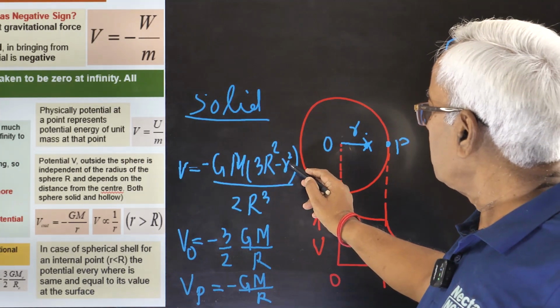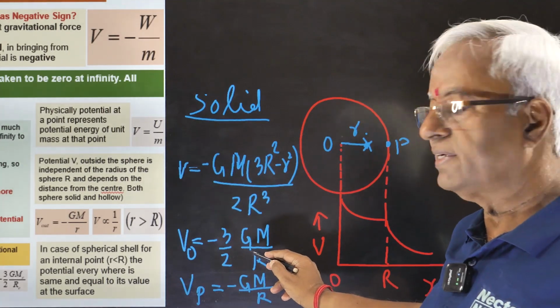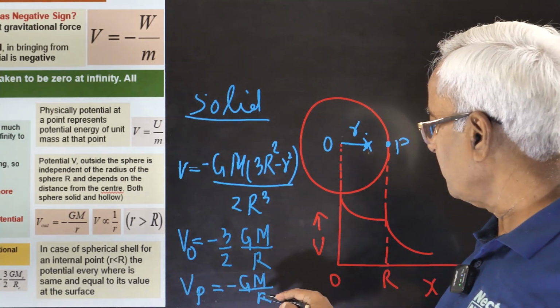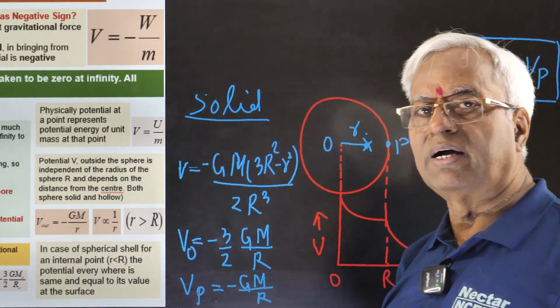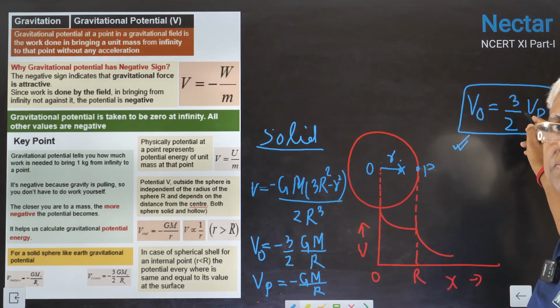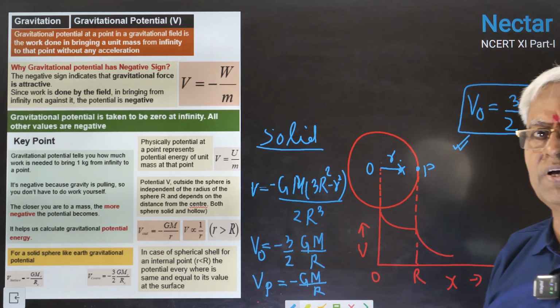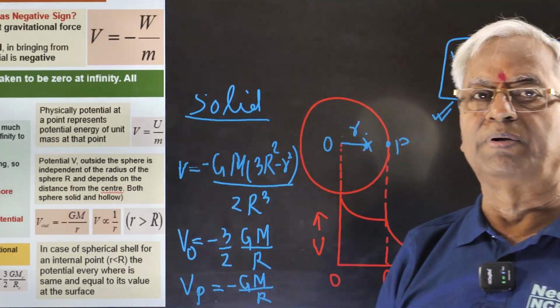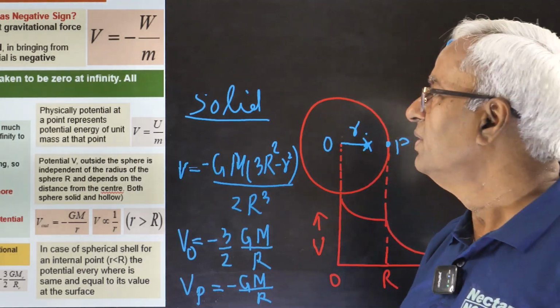If you put r equal to 0, that means the center, you'll find this value at the center, whereas on the surface, you know this. So ultimately, if you compare the two, you'll find the potential at O is equal to 3 by 2 times the potential on the surface. This is for the solid sphere, and this is exactly applicable for Earth also, which is a matter of concern for us.